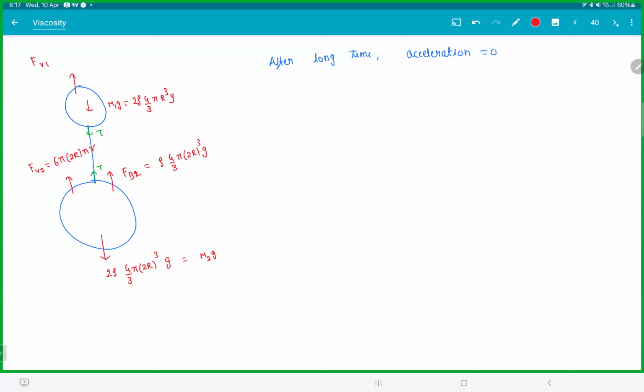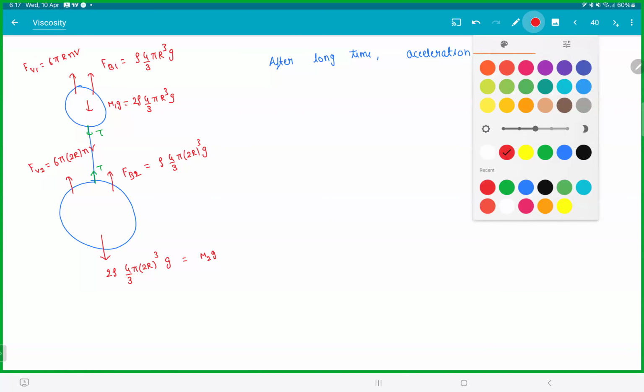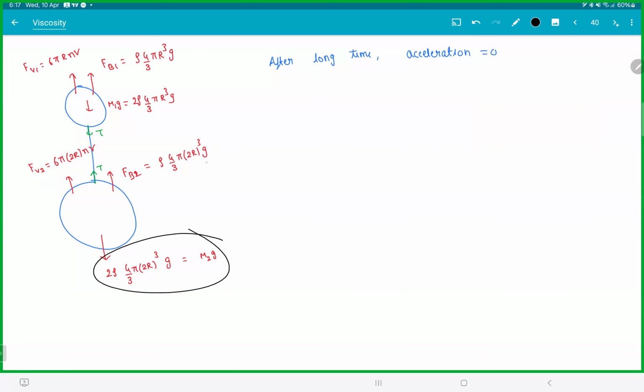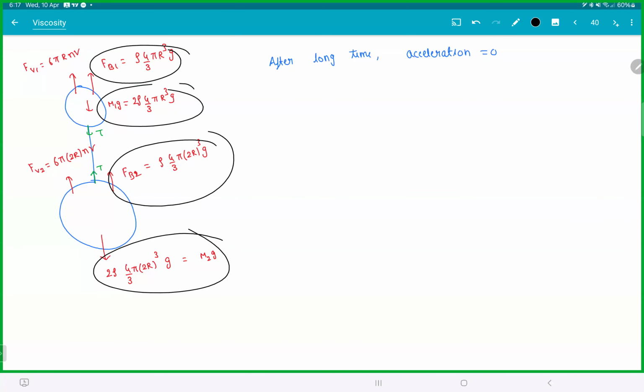Viscous force FV1, someone got 28 by 3. Okay, let's see. 6 pi r eta v. The buoyant force FB1 is rho times 4 by 3 pi r cube g. That's it. It just looks big, but if you got this, your job's done. Now how do I simplify? See, take this guy and this guy. Your life becomes easy. See, that is 2 rho minus rho. Take this guy and this guy. That becomes easy. That is 2 rho minus rho.